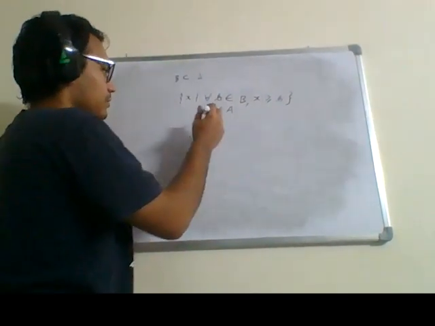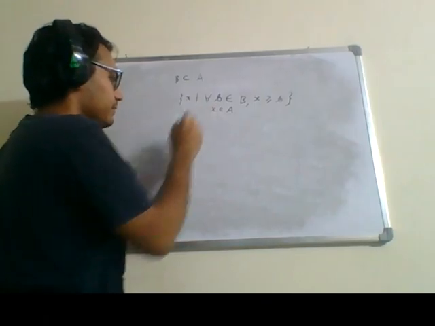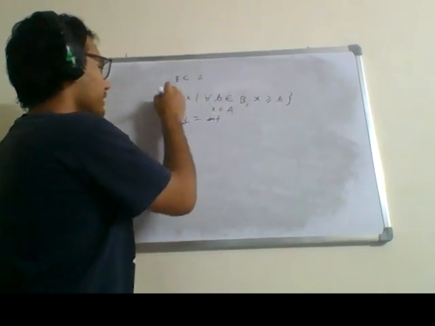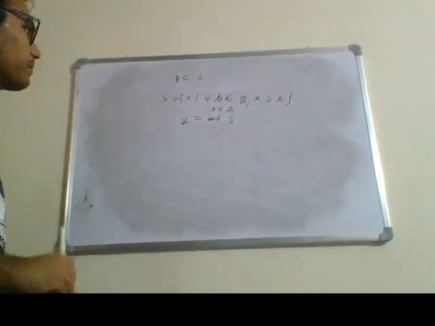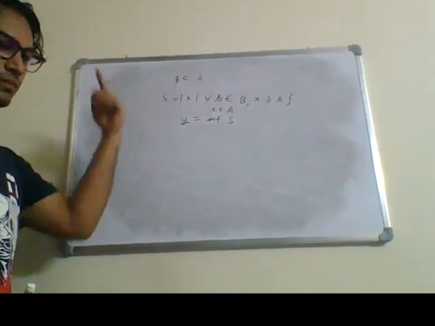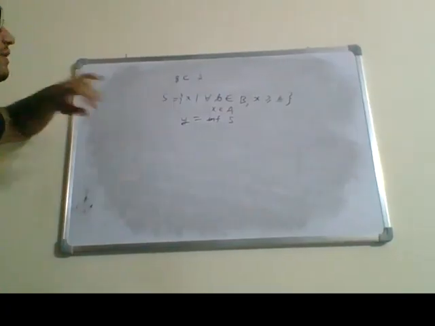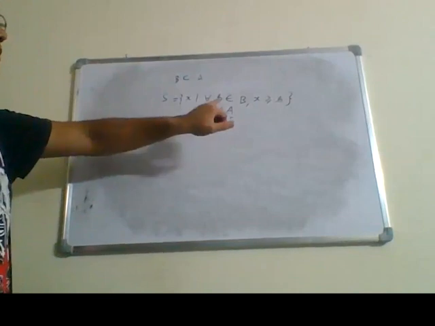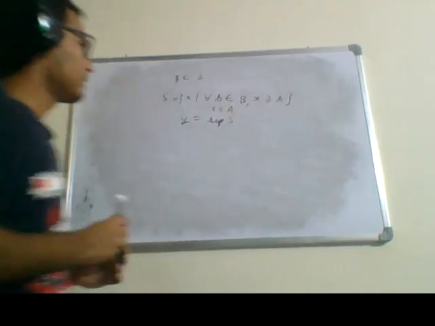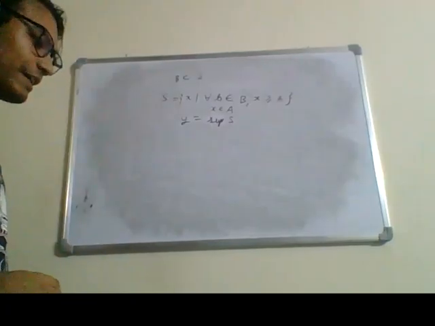So let the least upper bound of this set be Y. I'm going to call this set S. Now, if we show that this Y is the greatest lower bound, it has the least upper bound, so it's the supremum, sorry, not the infimum. If we show that this Y is also the infimum of B, then we're done, basically.